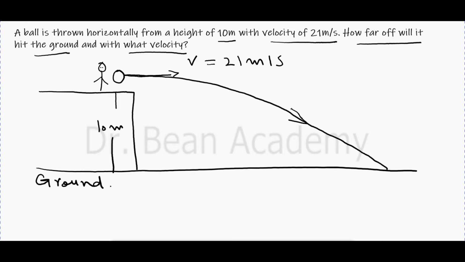So we need to find how far off it will hit the ground. Just imagine that the ball started its journey from this edge to have a good reference. So we need to find this distance x.